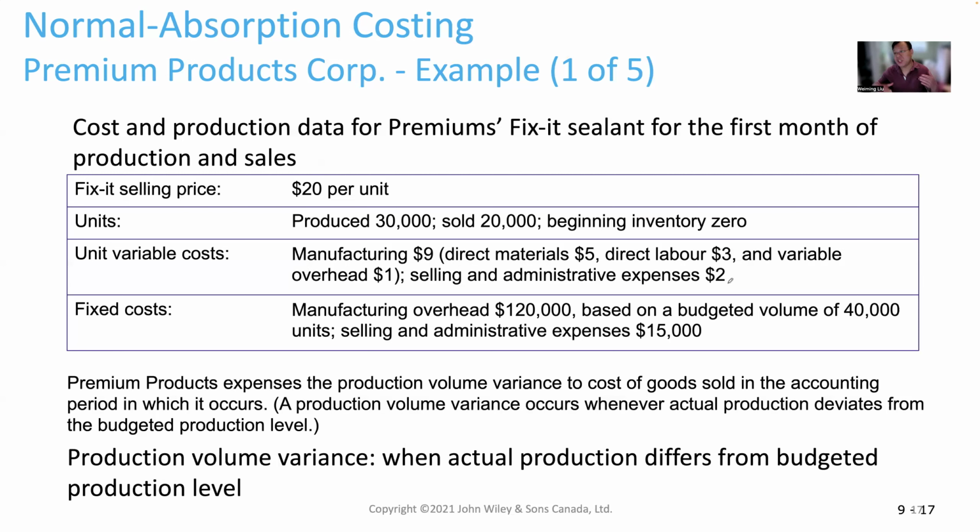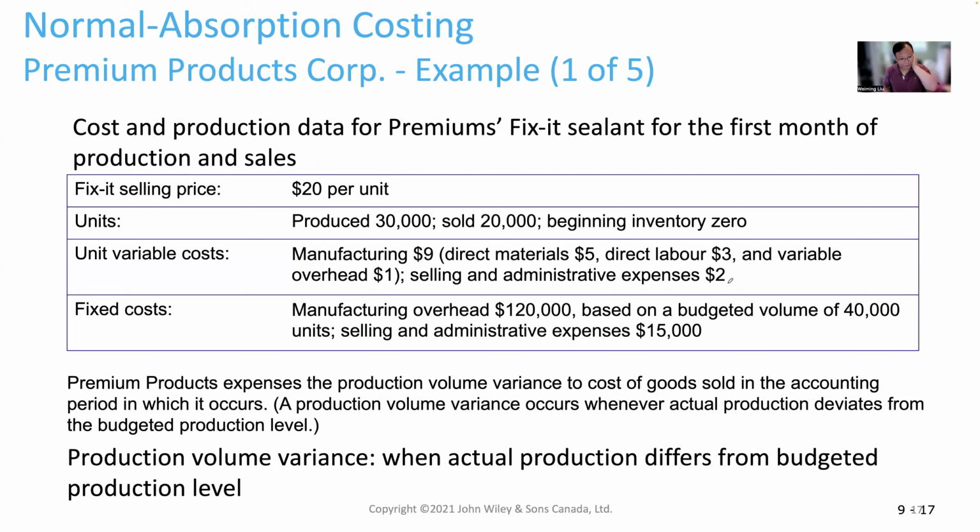At the beginning of the year you have a budgeted production level. At the end of the year you have the actual number. When these two numbers are different, which is most likely, then you have this production volume variance.